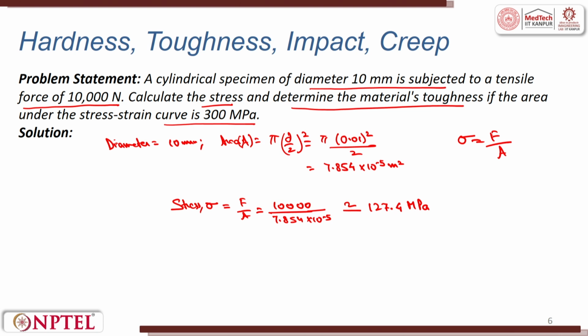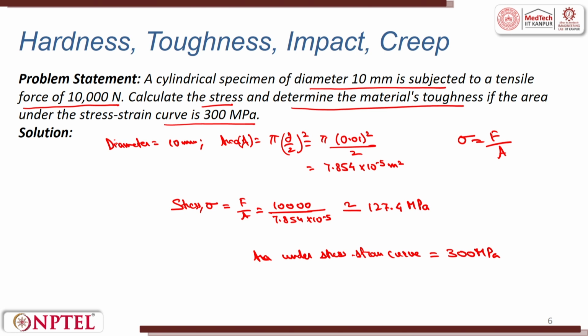Now, I leave the toughness part to you. It has been given that the area under the stress strain curve is 300 megapascal. You calculate it, I will give you the answer. That answer would be there in the lecture notes, but you still try to calculate it and come up with the answer. Let us see how you go.